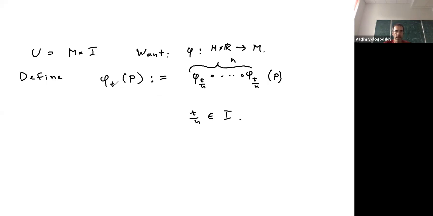I pick any number t and any point P on my manifold, and I pick n so large that t over n belongs to this small interval where phi is already defined. And then I am going to use this formula as a definition. Why does it make sense? Because if t and t over n are both in I, then this formula holds true for phi which is already defined here, right?